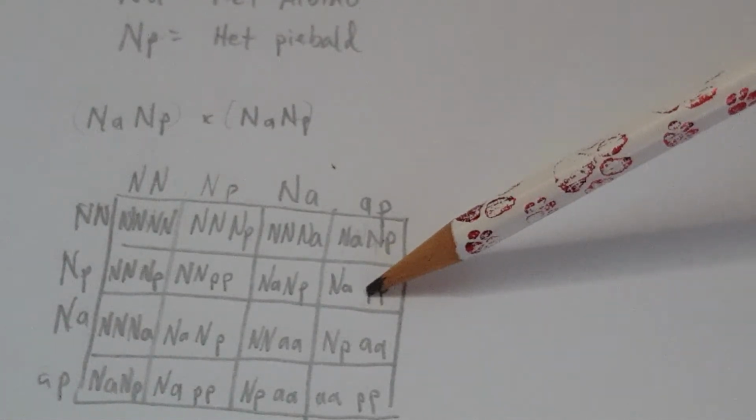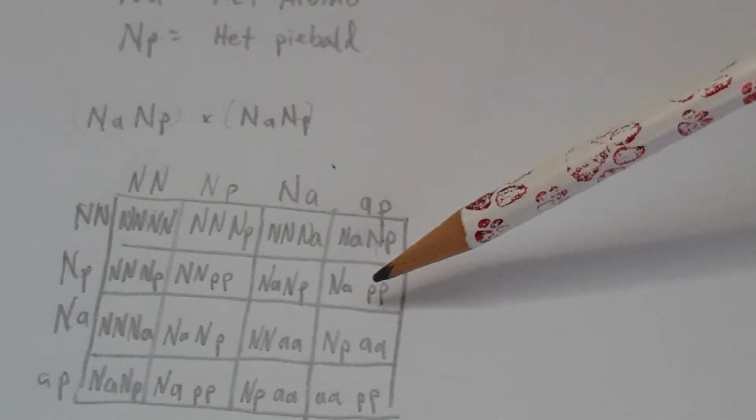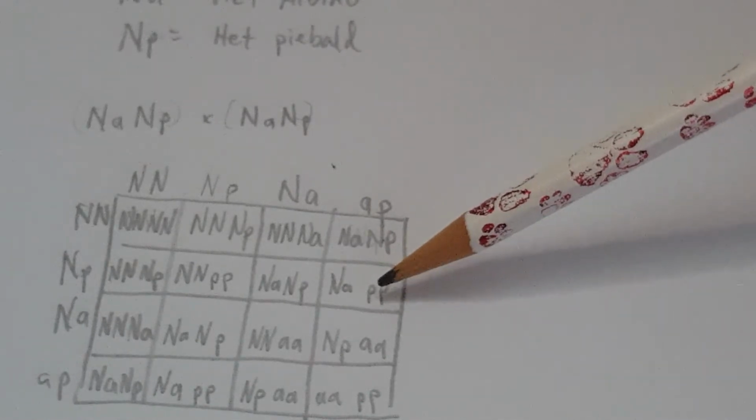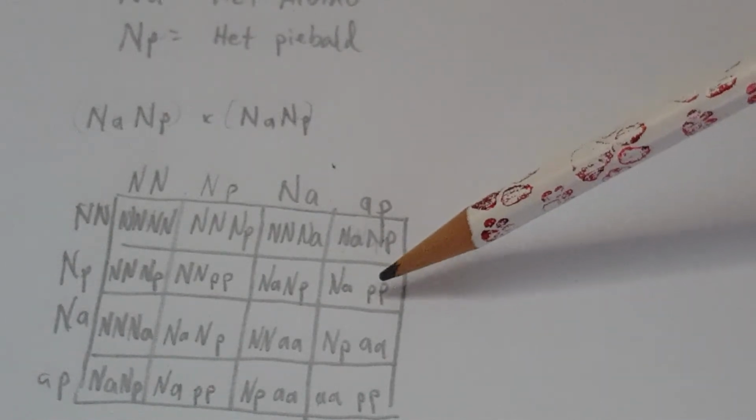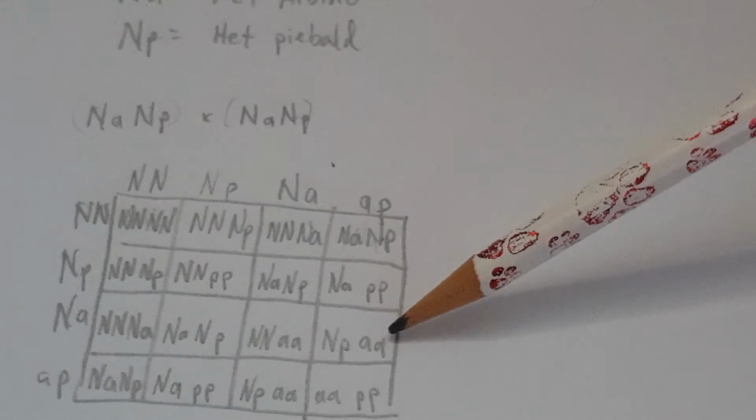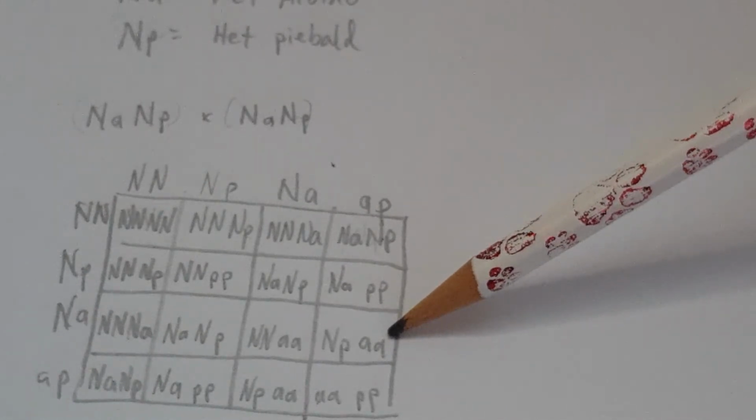It's a visual piebald. While it carries one copy of the albino gene, it's referred to as a piebald het albino. This other cell is a visual albino, and it carries one copy of the piebald gene. It's referred to as albino het piebald.